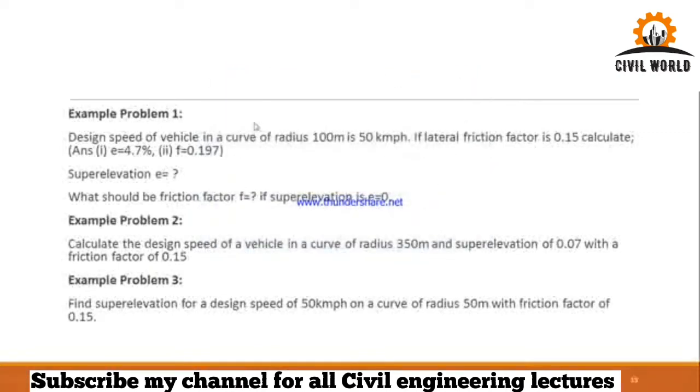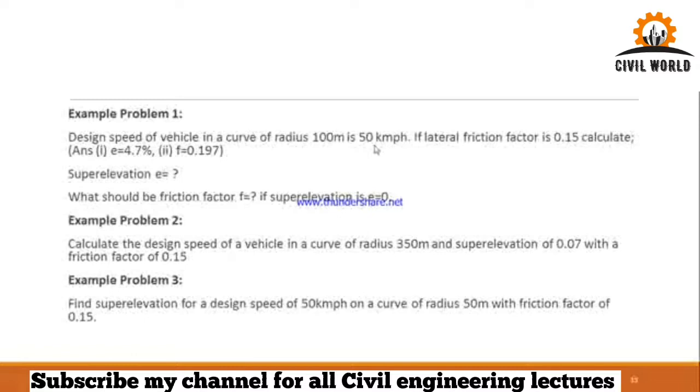For example, design speed of a vehicle in a curve of radius 100 meter is 50 km per hour. Here radius of the curve is 100 meter, but velocity is in kilometer per hour. So in this case we have to convert, because 1 kilometer is equal to 1000 meters. So we have to multiply 50 by 1000 and divide it by 3600 seconds.